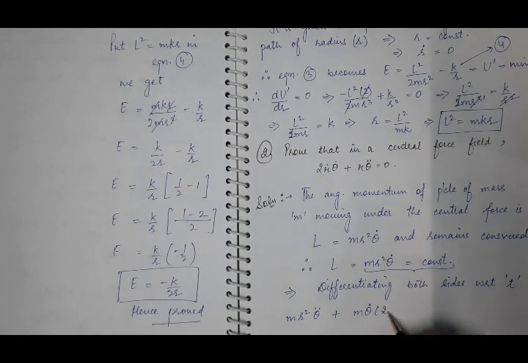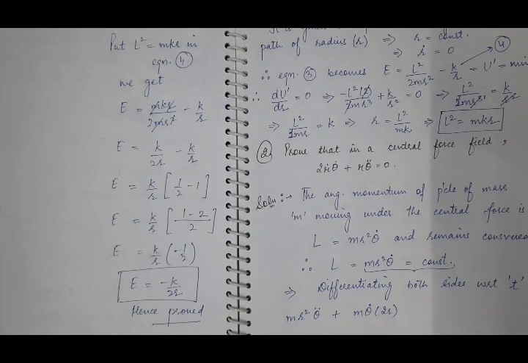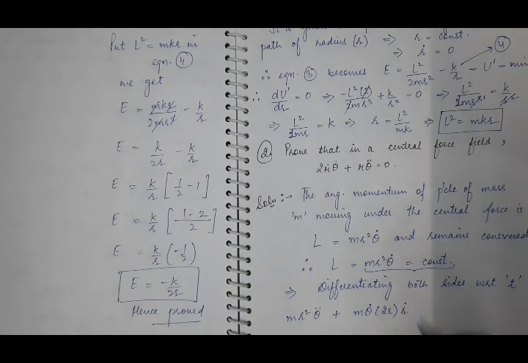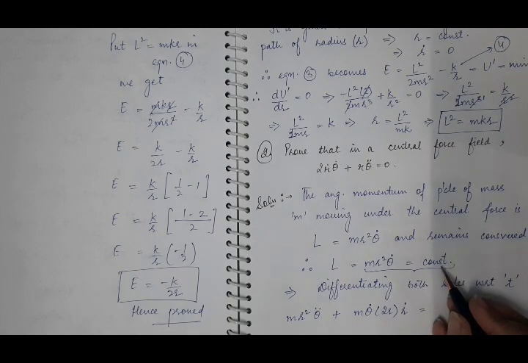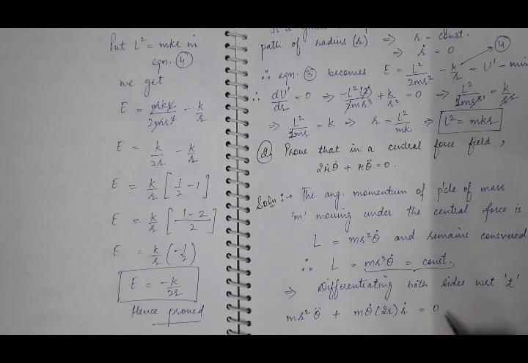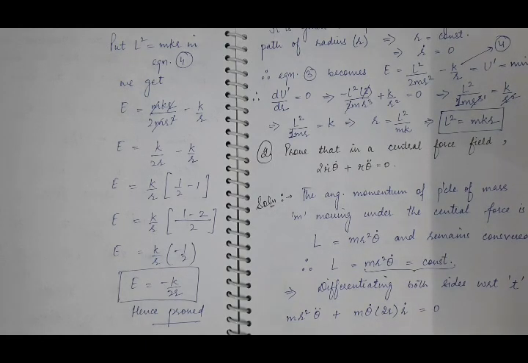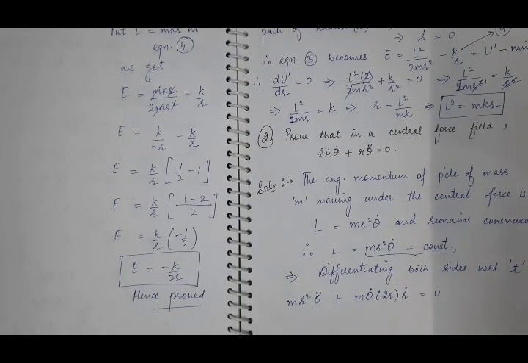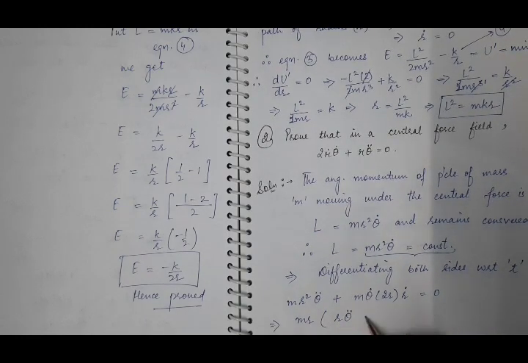It will be 2r, then differentiation of r with respect to t will be r dot. On the right hand side we have a constant, and differentiation of a constant quantity is 0. So take m and r common and we have r theta double dot plus 2r dot theta dot.